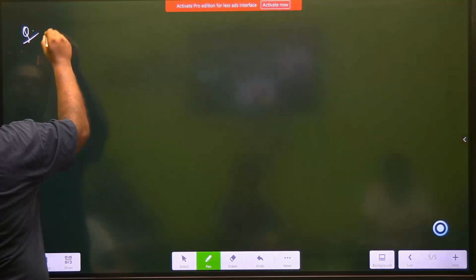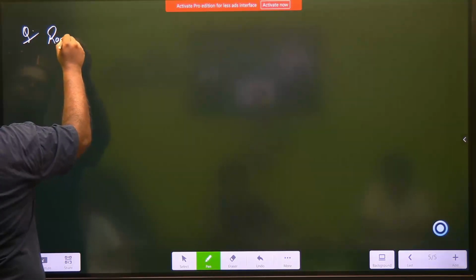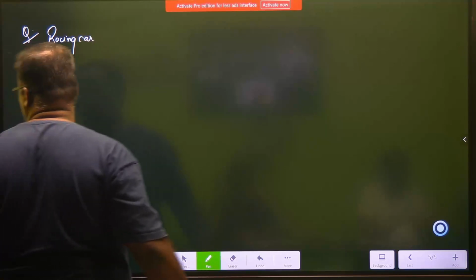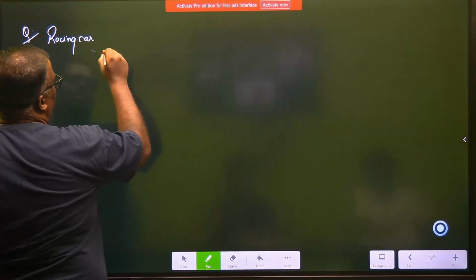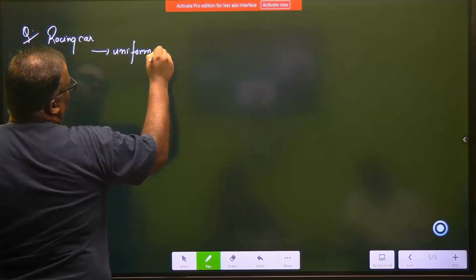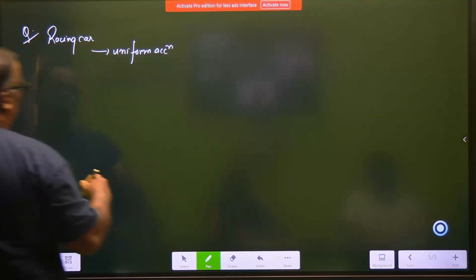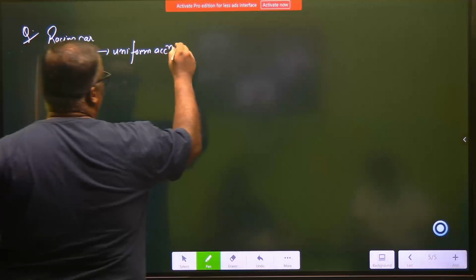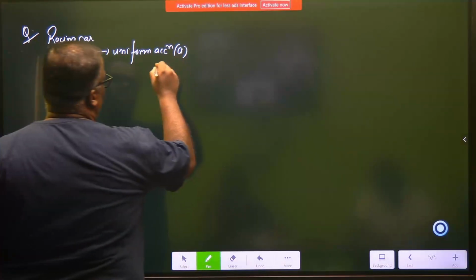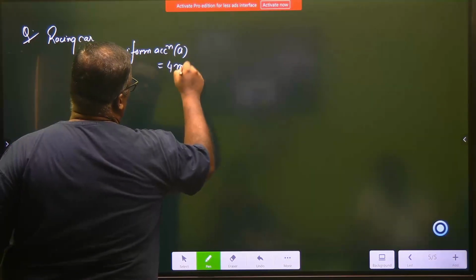We have a racing car. That's called a judgmental auntie. A racing car. And this racing car has uniform acceleration. Uniform acceleration means the car will go boom, like this. Okay. So racing uniform acceleration, and its acceleration is 4 meter per second square.